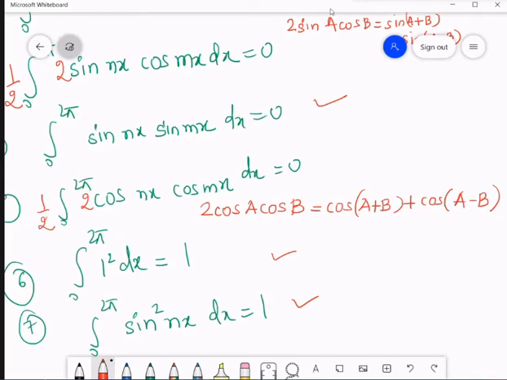So with this formula, 2 sin A cos B is equal to sin(A plus B) plus sin(A minus B), we will be able to simplify this one.